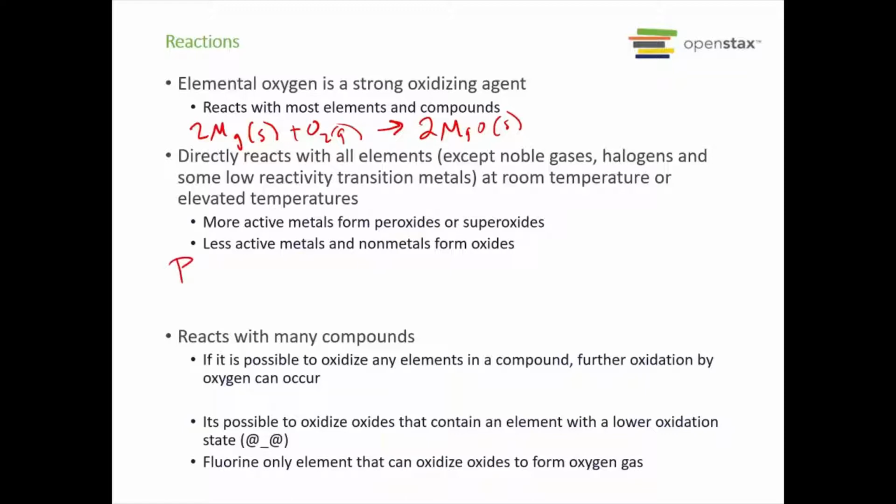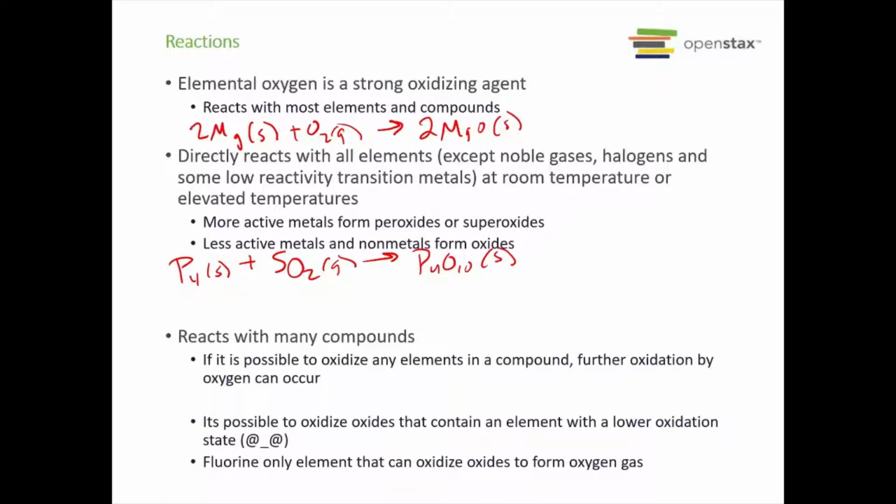So for instance, when it reacts with P4 phosphorus, we get P4O10. And I showed magnesium oxide, and then there's the phosphorus oxide, or P4O10 oxide.